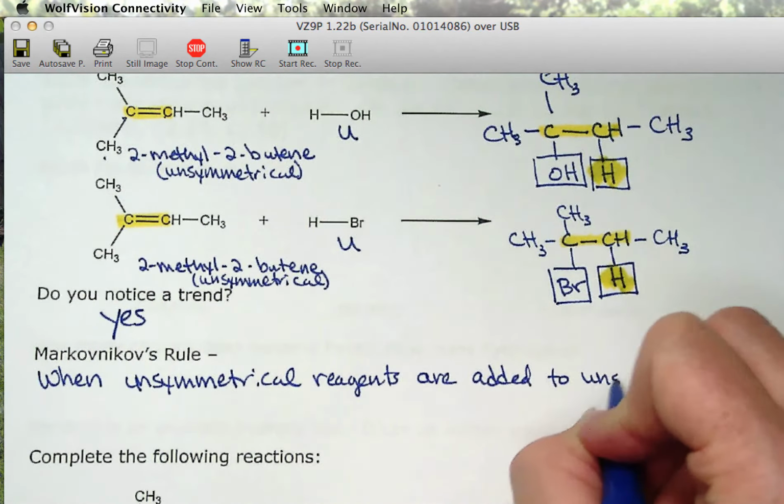So when unsymmetrical reagents are added to unsymmetrical alkenes, H always goes to the carbon with more hydrogens.